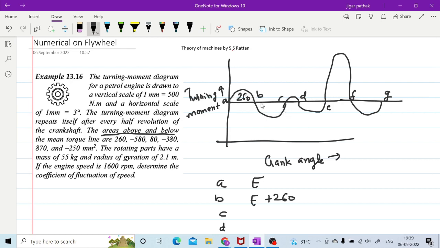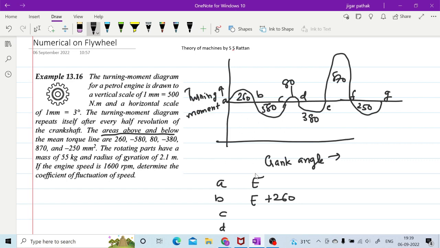This way, this area is 580, this area is 80, this is 380, this is 870, and this is 250, right? So areas above must be added and below must be subtracted.